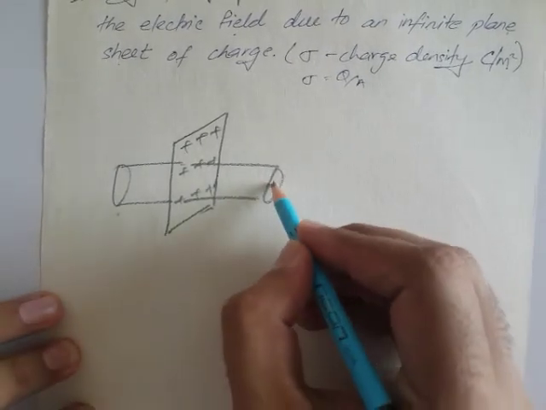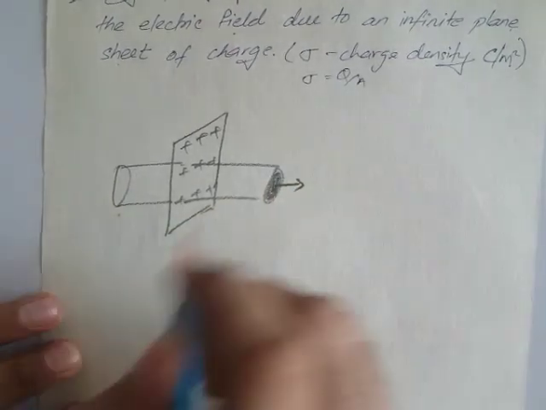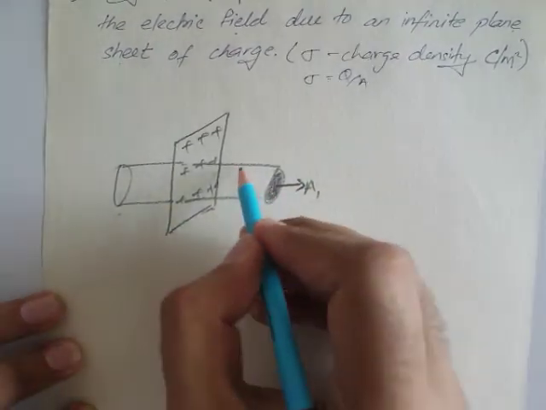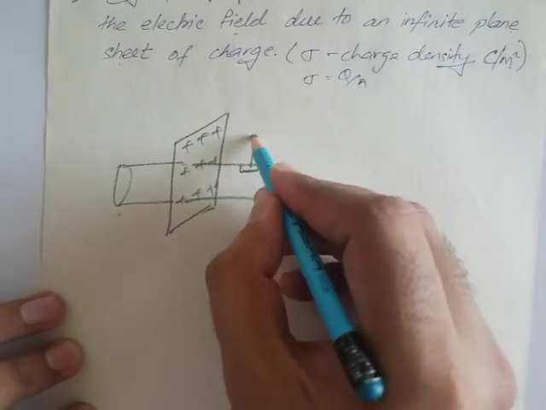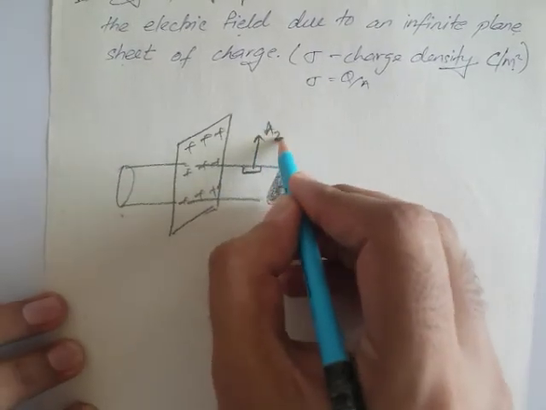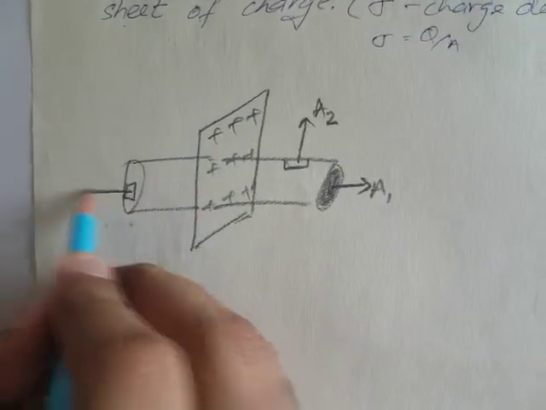We consider three areas. This area vector is perpendicular to the surface, so it is area vector 1. Now it is a curved surface, and its area vector 2 is perpendicular to it. In the same way, we draw area vector 3.